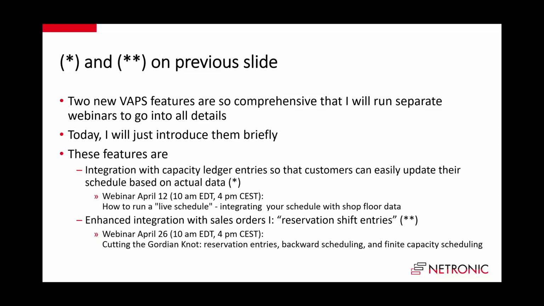And then we have another new functionality where we worked on a better integration between production orders and sales orders, especially for those customers who reserve production orders for sales orders. Then you might know that in the overall Business Central reservation system, there is little elasticity, there is no flexibility, and when you move production orders behind a sales order due date, reservations typically break.